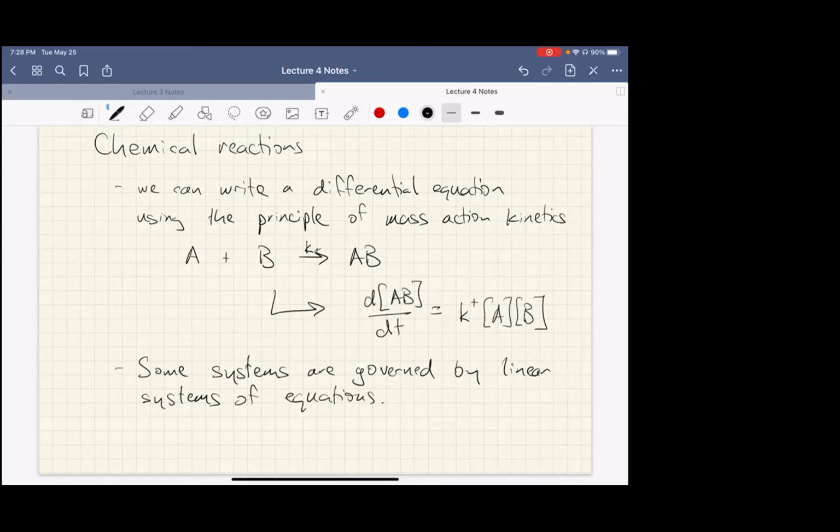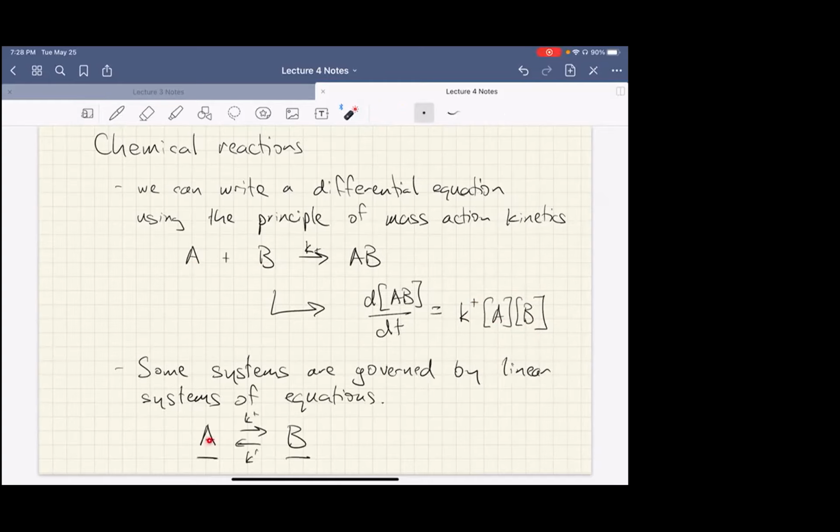And generally speaking, in order to have a linear system of equations, each reaction can have at most one component. And that is because if you look over here, this is the product of A and B. There's two components here. If your system of equations includes both A and B, then this product ends up being nonlinear.